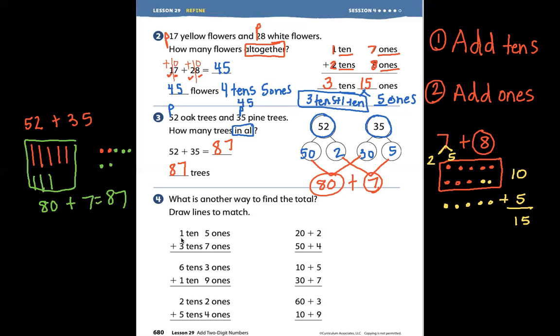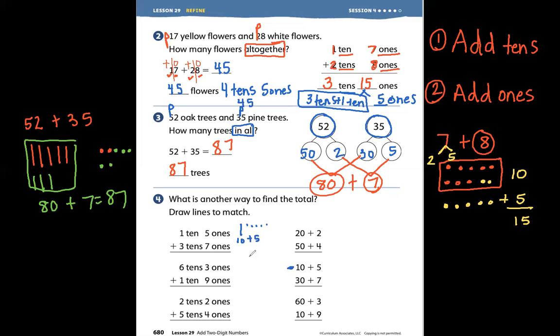So what I'm going to do is draw a 10 stick and 5 ones. 1, 2, 3, 4, 5. That has a value of 10 plus 5. Is there one over here that says 10 plus 5? Right here.